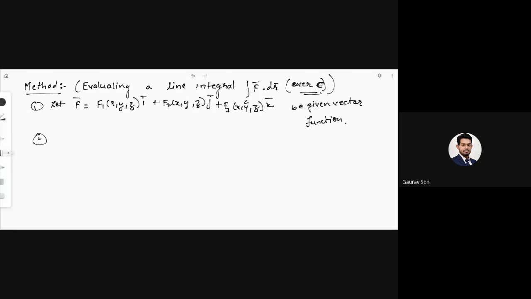Second, I'm going to write dr bar. We know what dr bar is. What was our r bar? x i bar plus y j bar plus z k bar. We have seen this in previous lectures. So dr bar, the derivative of this, is going to be dx i bar plus dy j bar plus dz k bar.